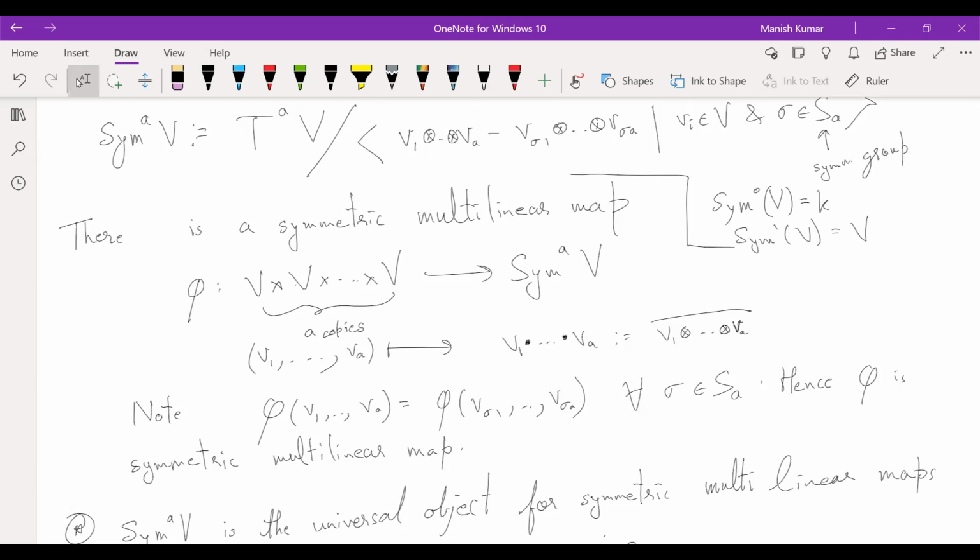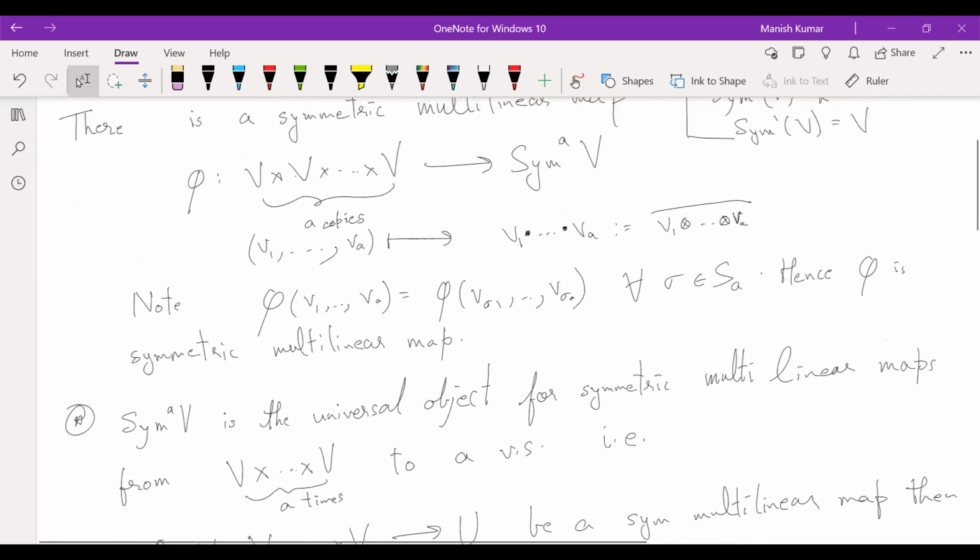So you can define it via the universal property, in the sense that this has the universal property. This is a universal object for symmetric multilinear maps from A copies of V to another vector space.